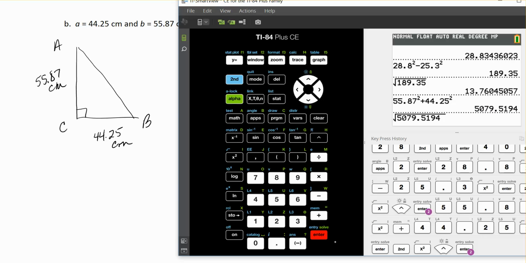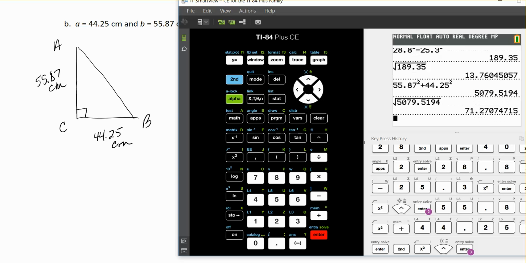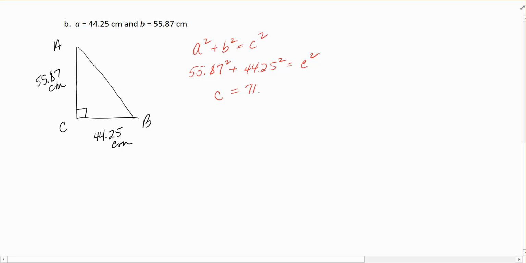And I find out that C has to be 71.27 centimeters. Since my original sides were given to 2 decimal places, I'm going to give it back as 2 decimal places also. Now I have all of the sides calculated or known or filled in.